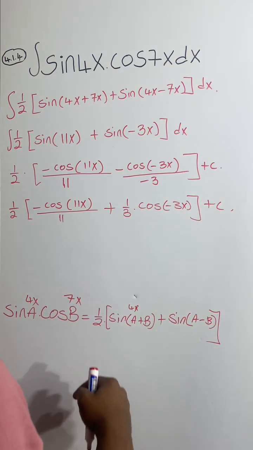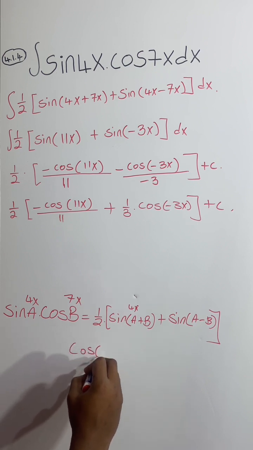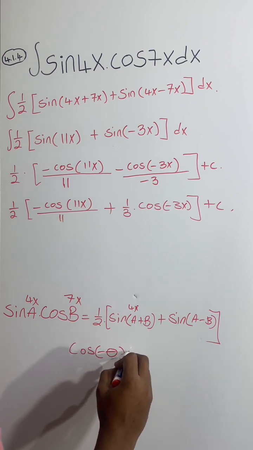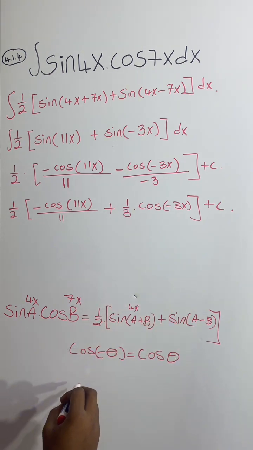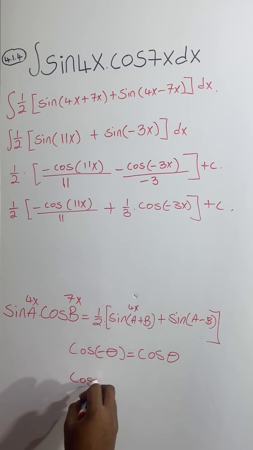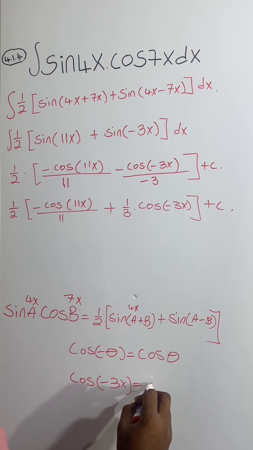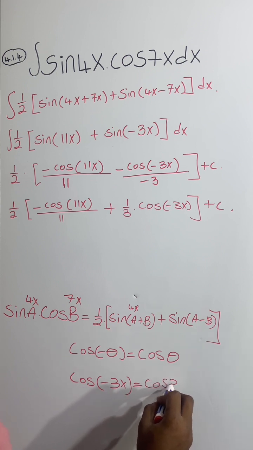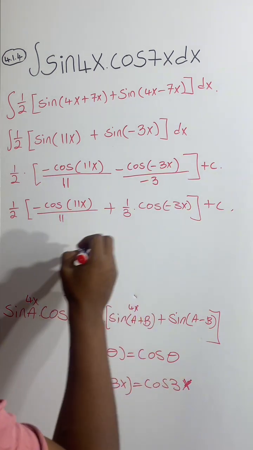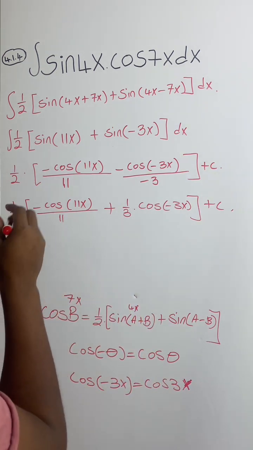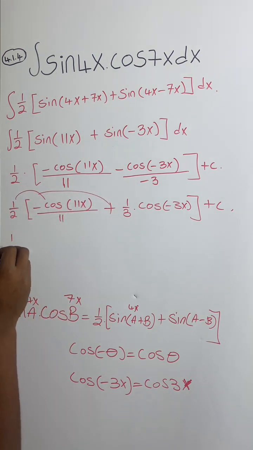We can leave it here, but we also know that cos of minus theta is equal to cos theta. So in our case, cos of minus 3x is equal to cos 3x for all values of x. We can also distribute the 1 over 2 inside the parenthesis.